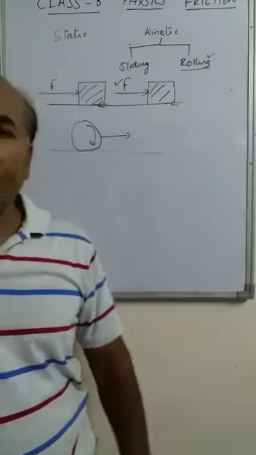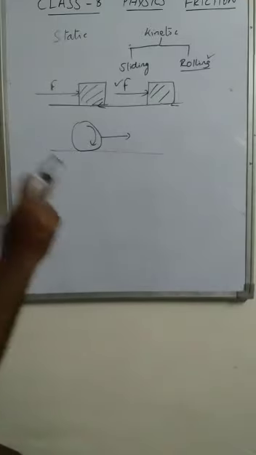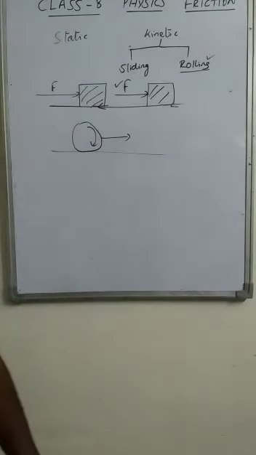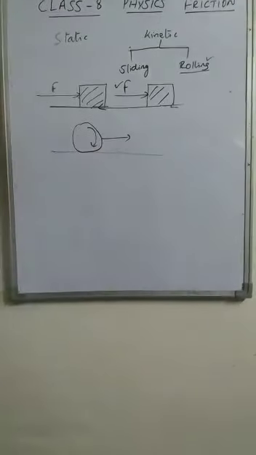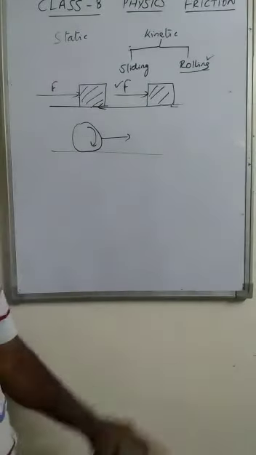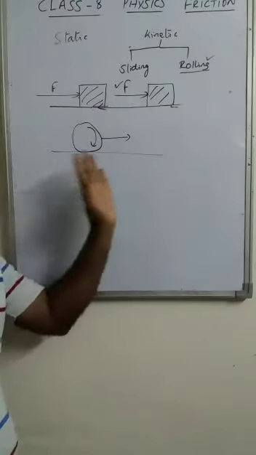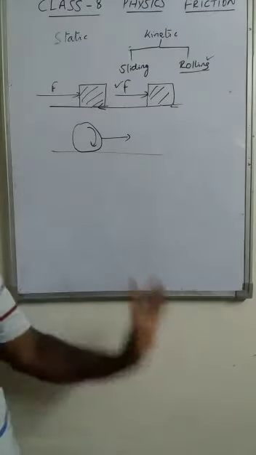Now we'll see one thing: friction opposes the motion of one surface on the other. Once we apply force on the roller, it comes in motion, but after some time it comes to rest. It is because the friction is opposing its motion.